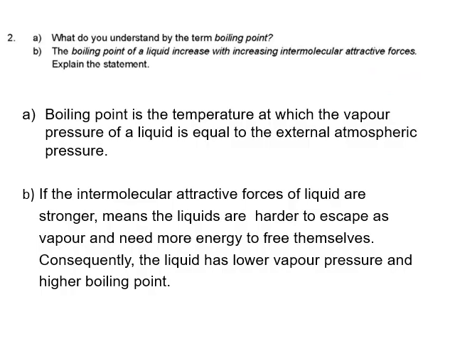Let's proceed with tutorial question number 2a. What do you understand about the term boiling point? As in the previous slide, the boiling point is the temperature at which the vapor pressure of the liquid is equal to the external atmosphere pressure. Second part, the boiling point of a liquid will increase if the intermolecular force is stronger.